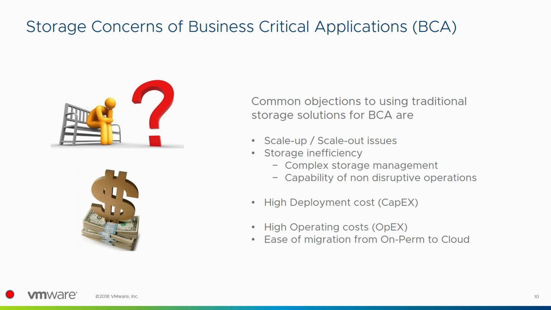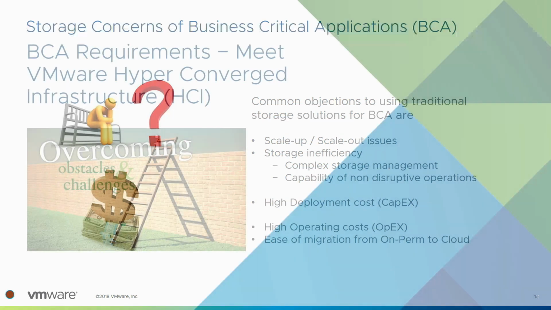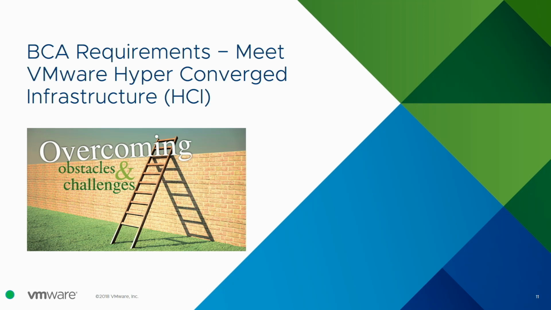There's a high deployment cost anytime you set up any storage array. Even high operating cost as well, right? So we'll see how we are able to meet these challenges, right? And satisfy the BCA requirements using VMware HCI, vSAN. I'm going to hand this over to Chen to talk about that.